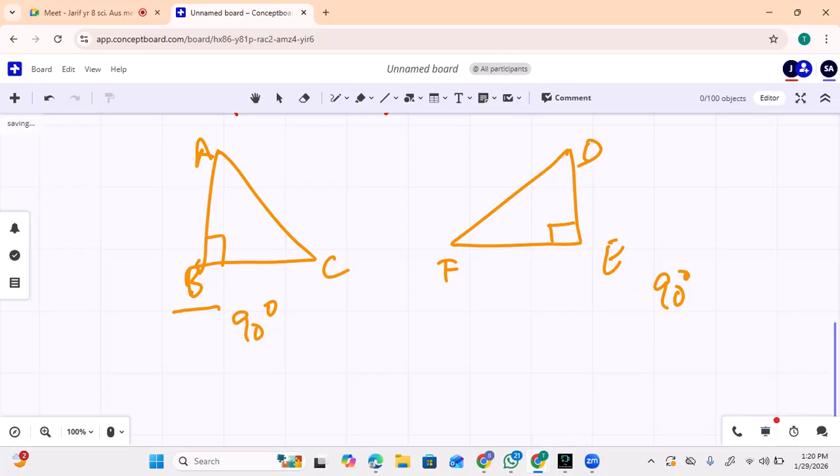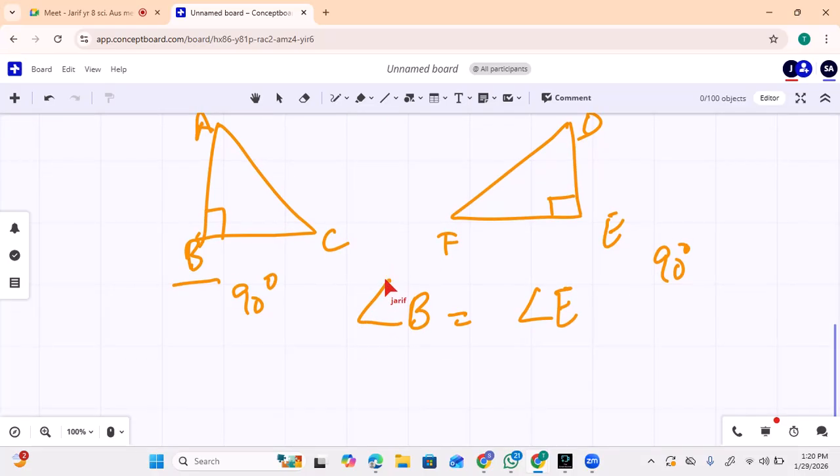So that means angle B is equal to angle E, because both of them have the same angles. But we can also say that angle ABC is equal to angle DEF.